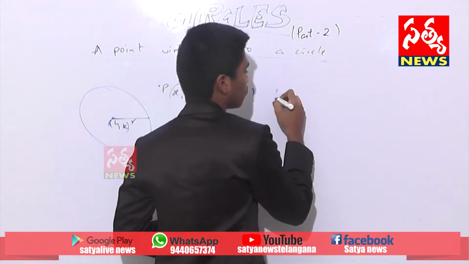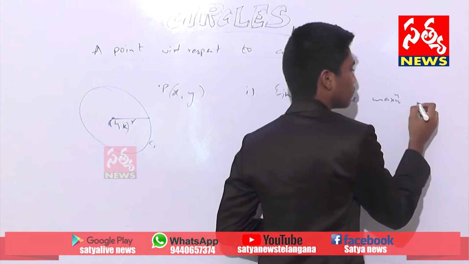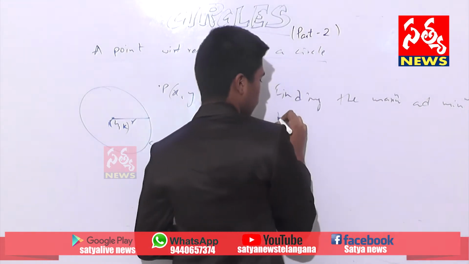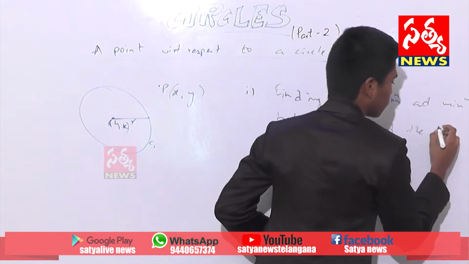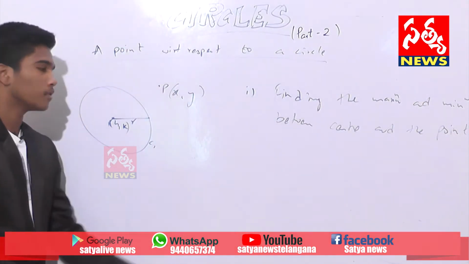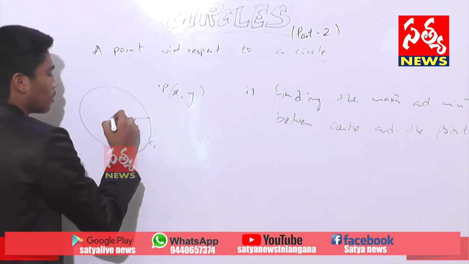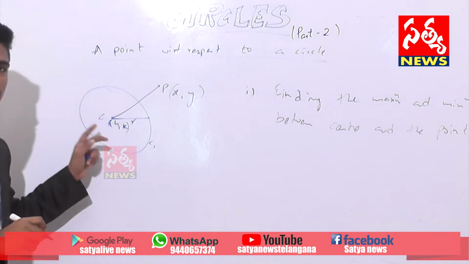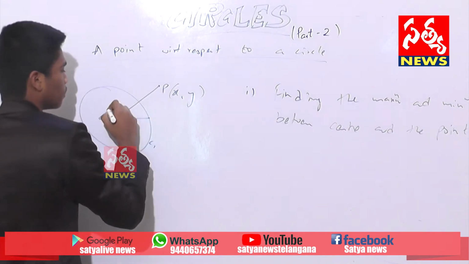First one, finding the maximum and minimum distance between center and the point P. First of all, to find the distance, we have to draw a line to circle C1 center and the point P. Okay.